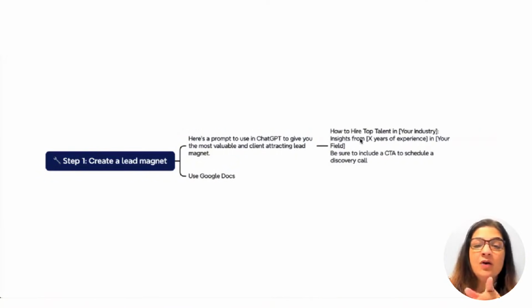How to hire top talent in your industry, insight from your X number of years, whatever your experience has been in your field. Be sure to include a CTA to schedule a discovery call. This is the idea. This is the prompt to use. So I'm going to go ahead and use that.